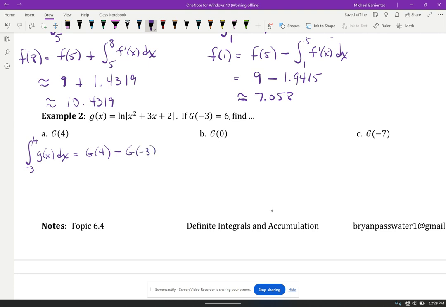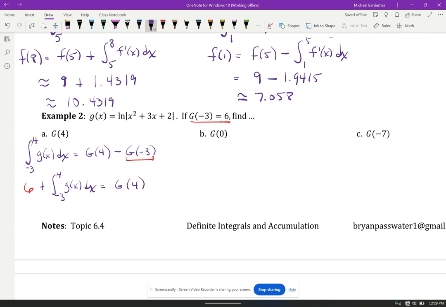But we already know G of negative 3 is 6. So if I replace this with 6 and add it to the other side, then 6 plus the integral from negative 3 to 4 of g of x dx will be what I'm looking for, which is G of 4.